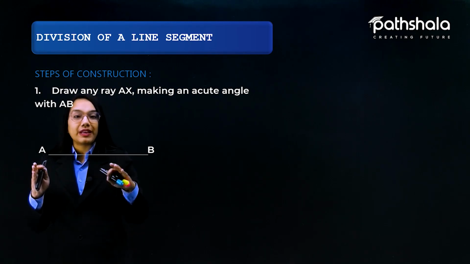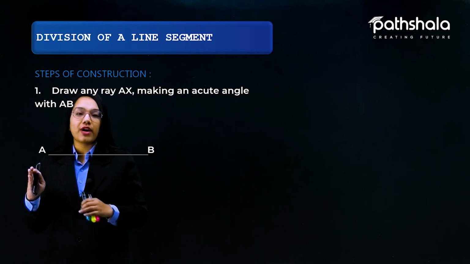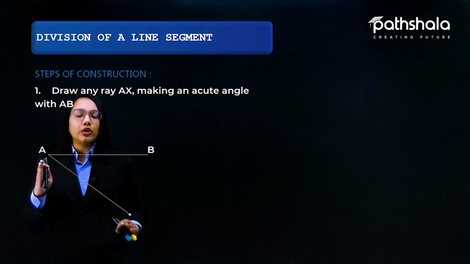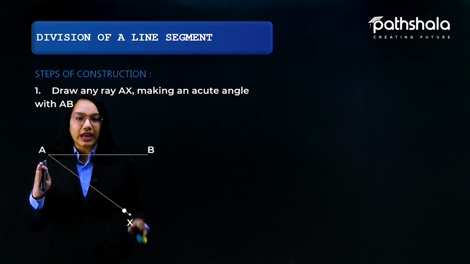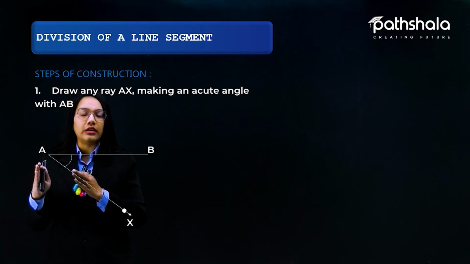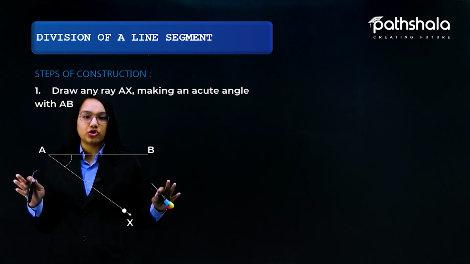Using the scale, I draw this ray, called AX, and this ray AX makes an acute angle with AB. This is my very first step of construction.